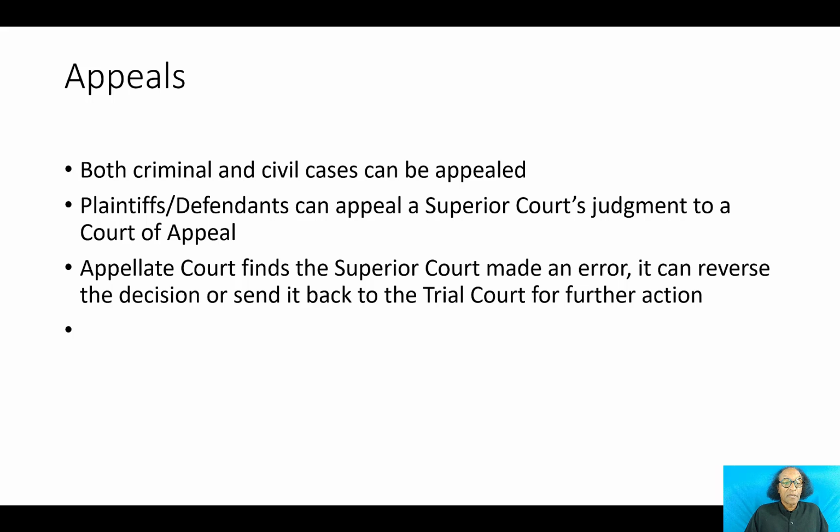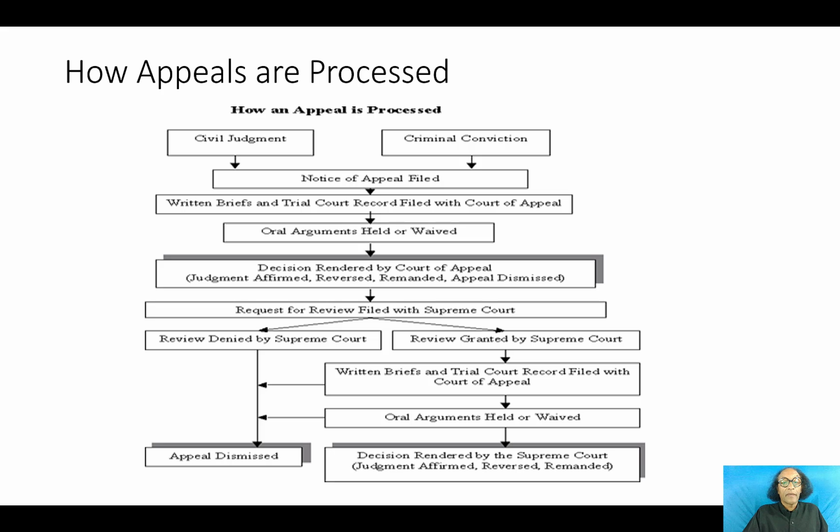The key thing is that both in civil and criminal cases, the vast majority of appealed judgments are not reversed but are upheld. Again, here's a chart on how appeals are processed, both in civil and criminal cases. Very similar here.